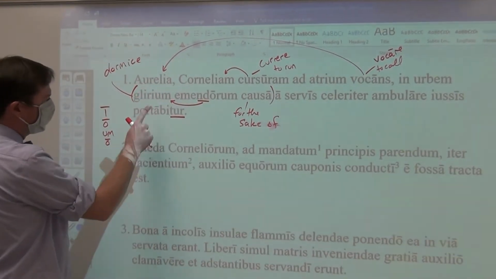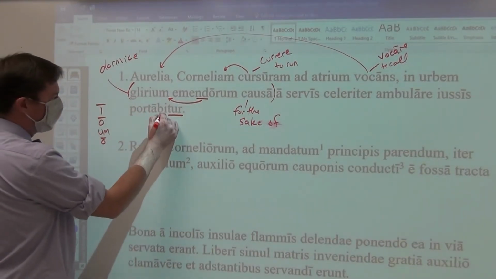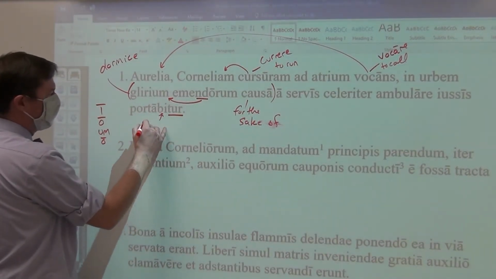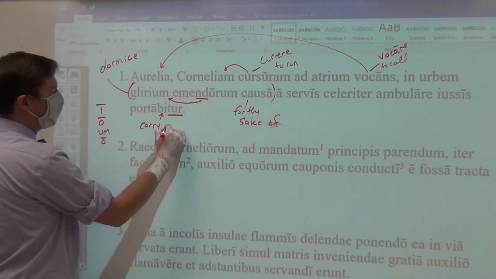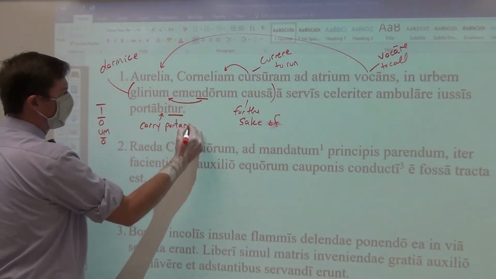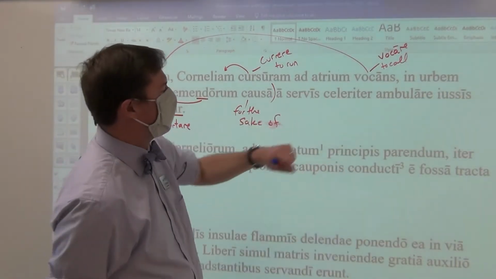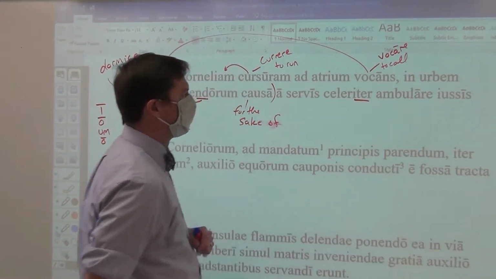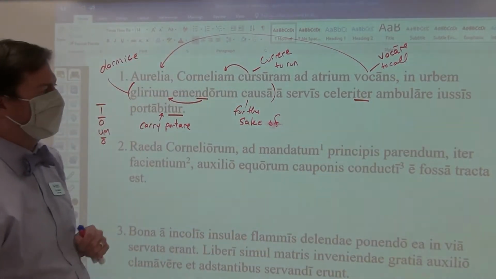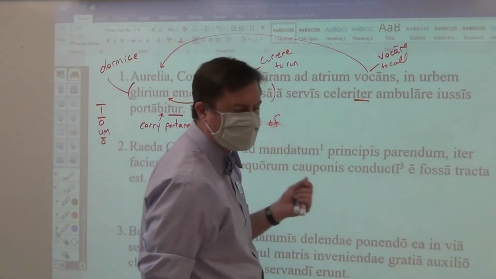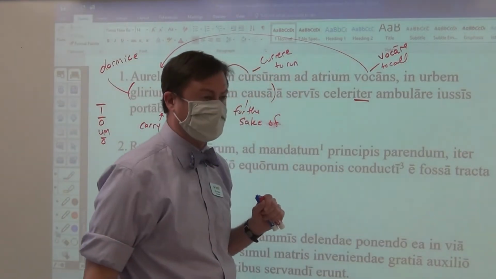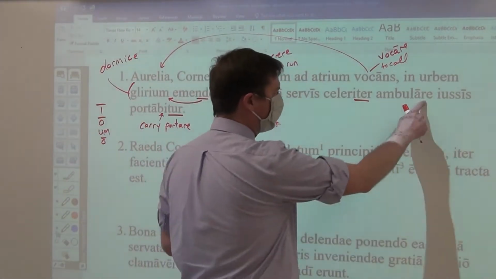So Aurelia, portabitur. Note the bi, and this is from the verb that means, of course, to carry. Porto, portare. Celeriter is merely an adverb telling us how an action happens. Ambulare, you should simply know, of course, from chapter 2, walk, and it is, of course, the infinitive.